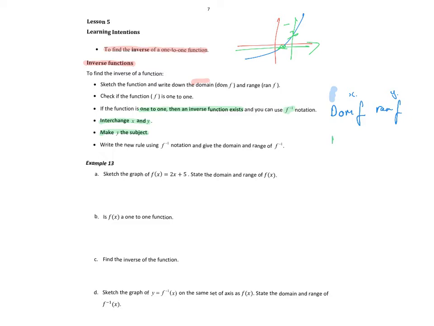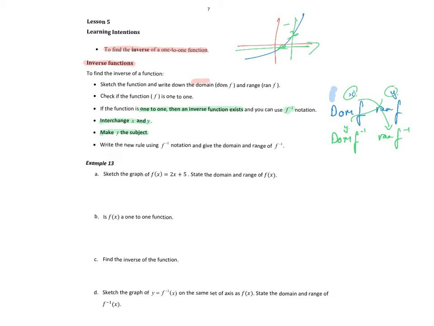For my inverse function, the x values have been swapped with the y values, so the domain of f inverse is the y values, and the range of the inverse function is the original x values. So my domain and range swap, basically, for my inverse function.